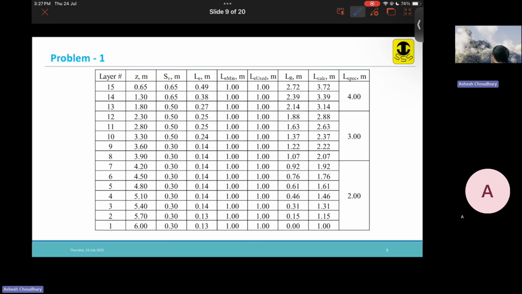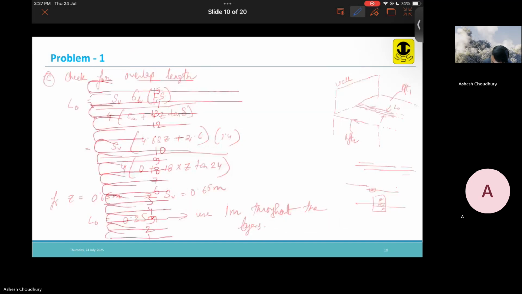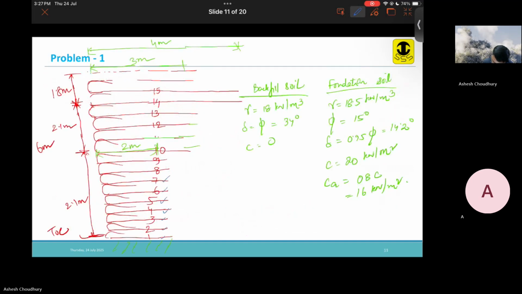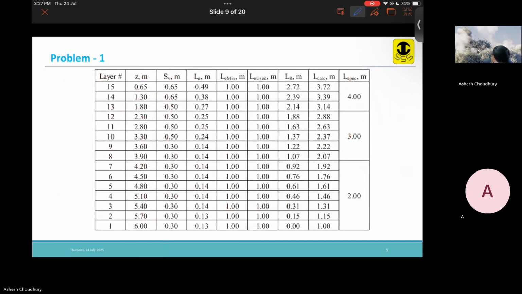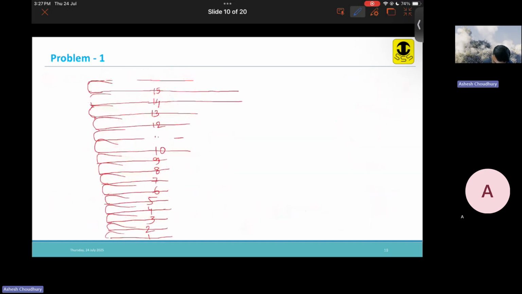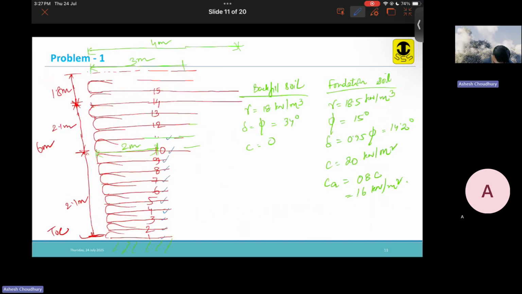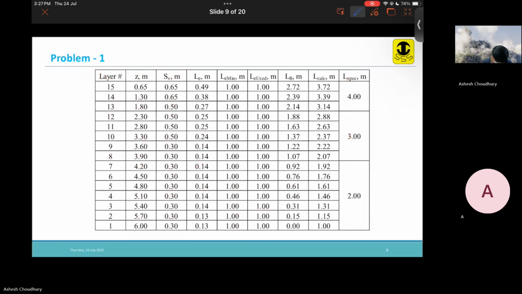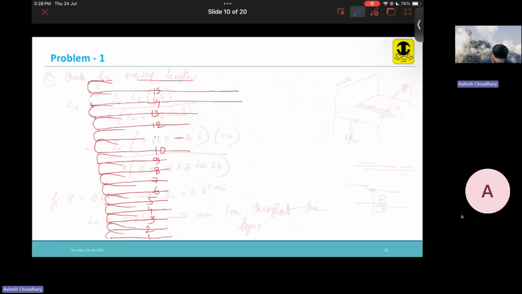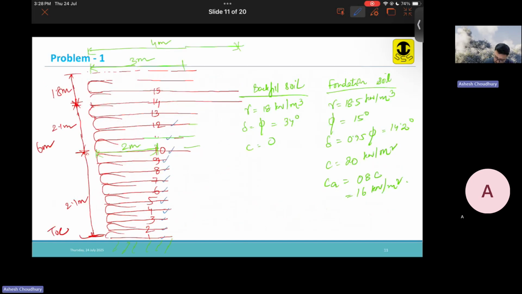Fifth layer is 3 meters. Eighth, ninth, 10th, 11th, 12th. Okay, 8, 9, 10, 11, 12. 13, 15.